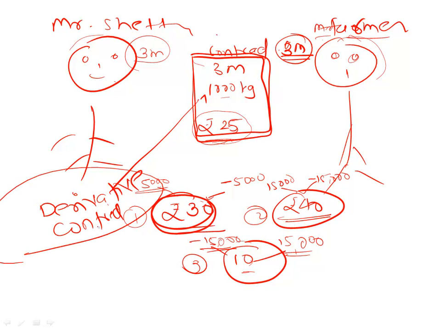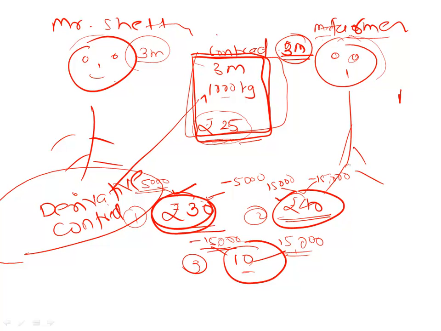So what is a derivative? A derivative is an asset, a financial instrument which derives its value based on the value of some other asset. That means in this case potatoes, as the price of potatoes is changing, the price of this piece of paper is changing. So this is precisely what derivatives are.